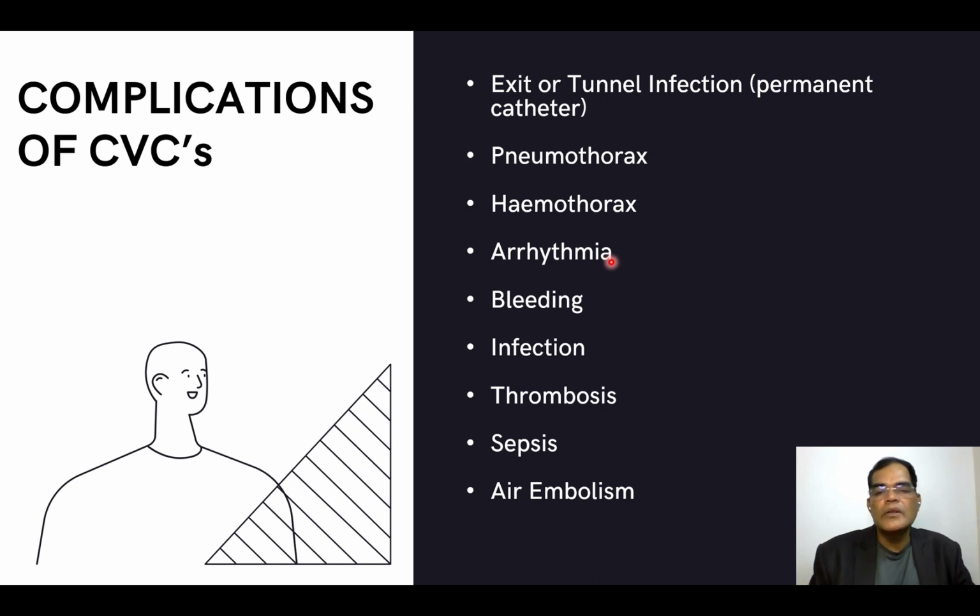Arrhythmias may be related to insertion and the catheter tip positioning. Bleeding, infection, and thrombosis in various ways, like vessel thrombosis or catheter clotting, sepsis, or air embolism if there is an accidental disconnection, all of which we'll be discussing in the subsequent presentations.